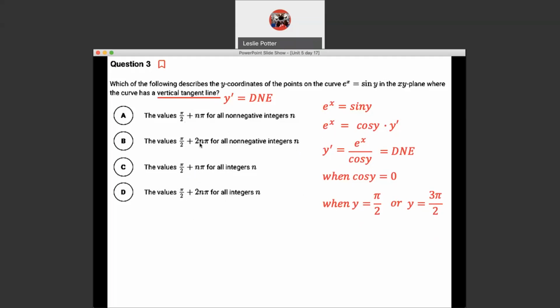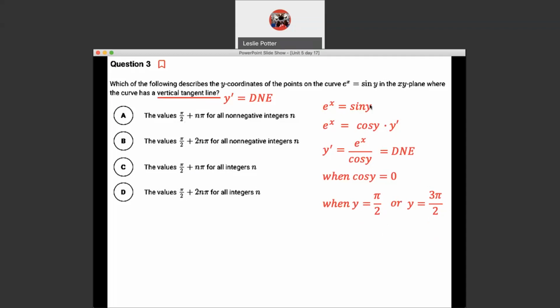The pi over 2 plus 2n pi would catch pi over 2 and then skip over 3 pi over 2 and then go all the way around the unit circle. So the question is, should we catch 3 pi over 2 or not? Is there some issue with 3 pi over 2 that we need to be aware of that would rule it out just based on these options?